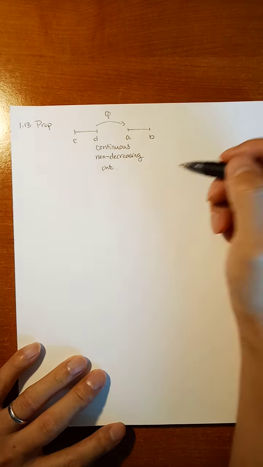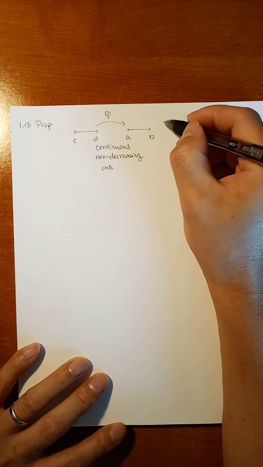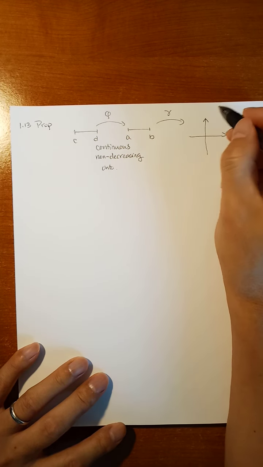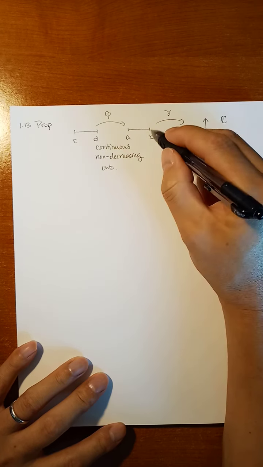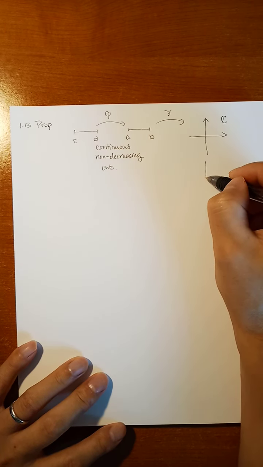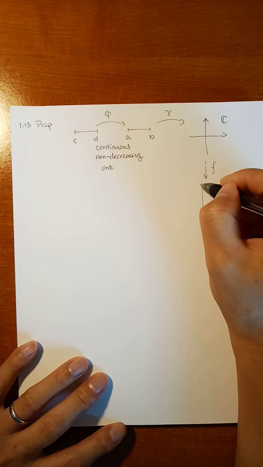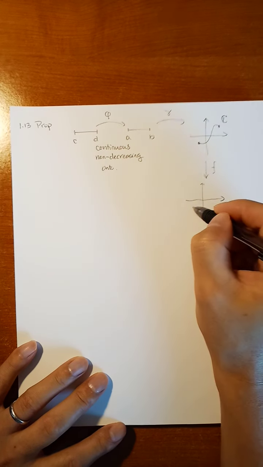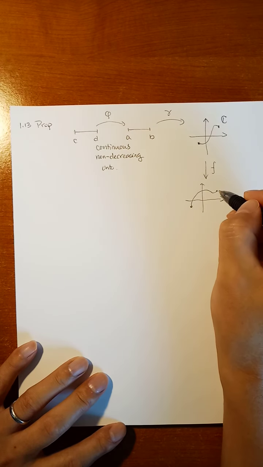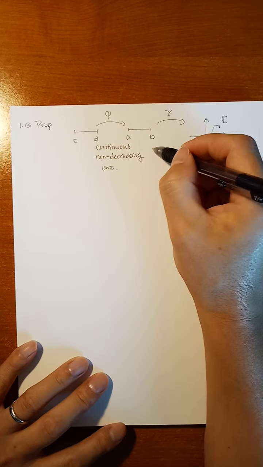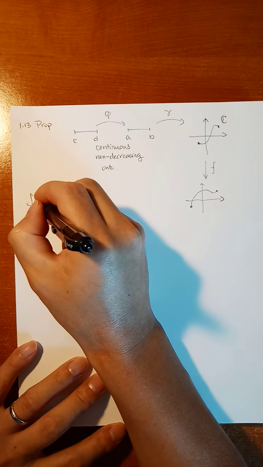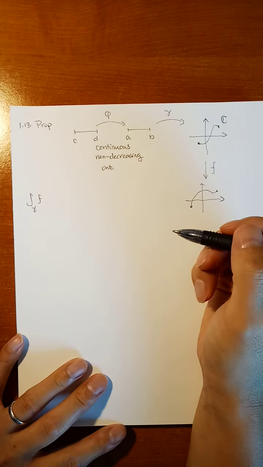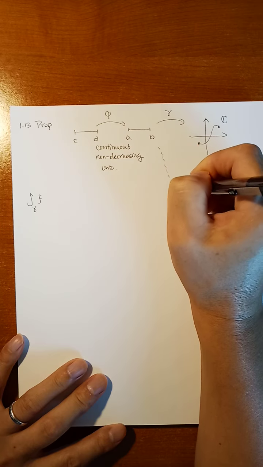And from AB, you have a gamma, continuous, rectifiable, from AB to C. And from C, you have a continuous map f defined at least over the image of gamma. Then you can define the integral of f along gamma, and it is like this.